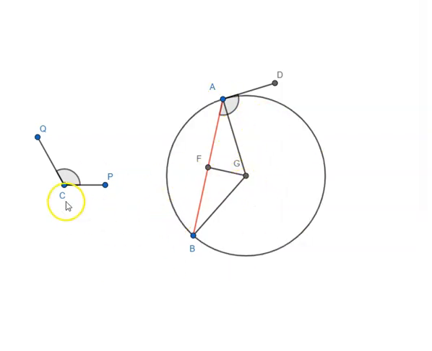Now, which circular segment contains this angle? So again, we take a random point on the circle on this side, and let's join BH and AH. We know angle BAD is equal to PCQ, and we know that angle AHB, or rather BHA, would be equal to BAD. Why?